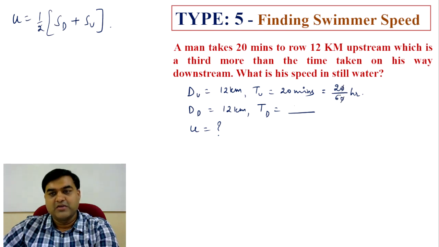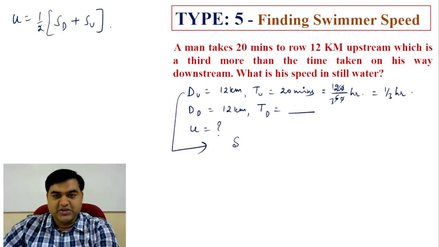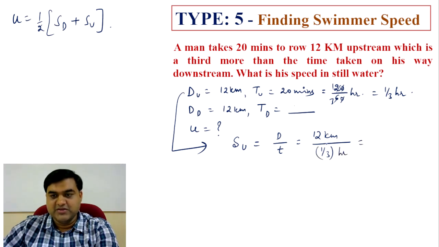This gets cancelled, so that is 1 by 3 hours. Let's try finding out speed of boat upstream. What is that? Distance by time. What is distance? 12 kilometer divided by time, 1 by 3 hour. That is, this 3 goes up, 12 into 3, 36 kilometer per hour.